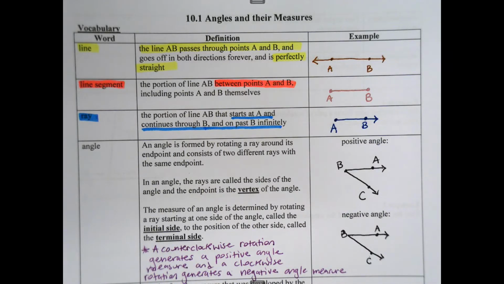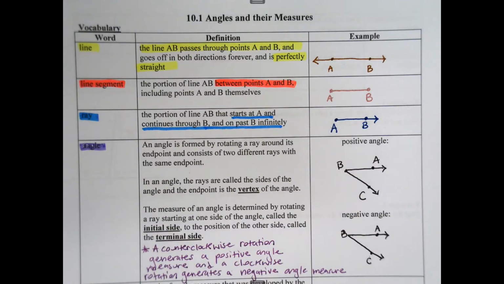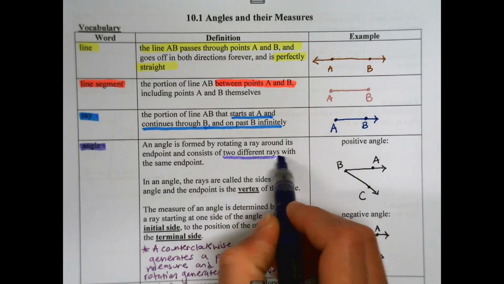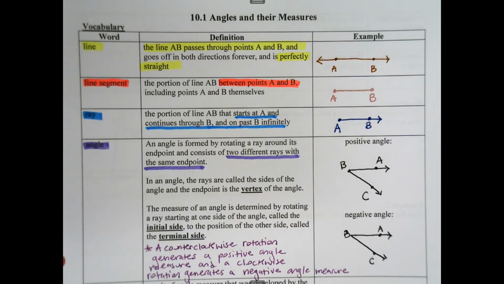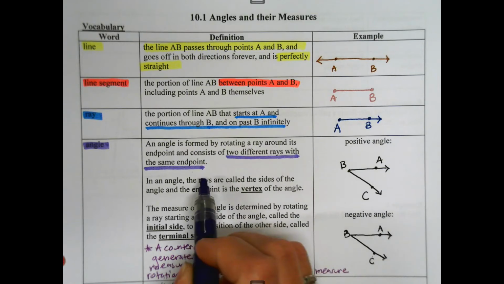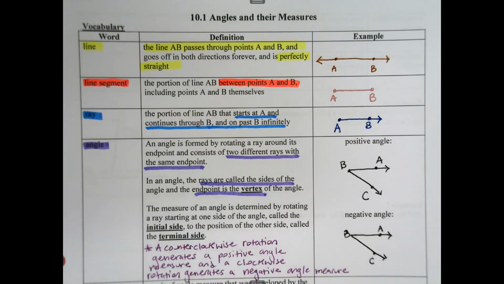An angle is formed by rotating any ray around its endpoint, and it consists of 2 different rays with the same endpoint. In an angle, the rays are called the sides of the angle, and the endpoint is the vertex of the angle.